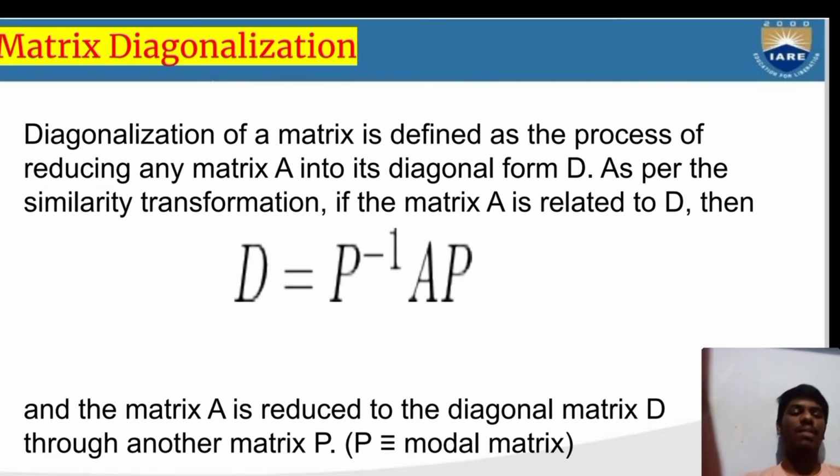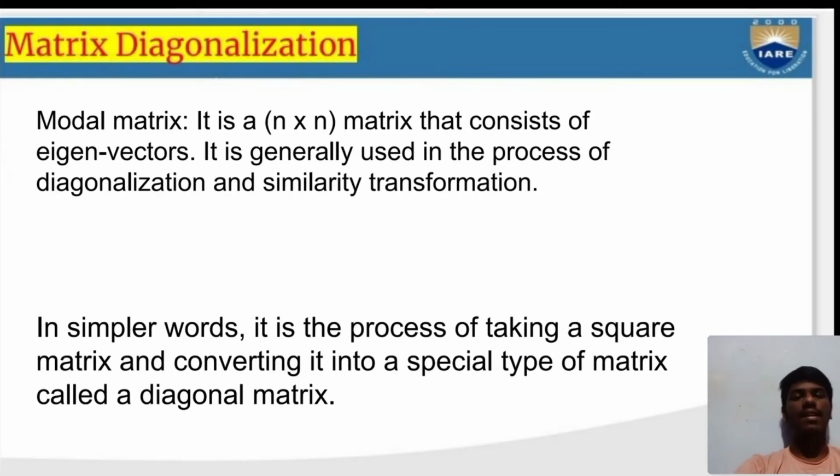The modal matrix is nothing but the arrangement of eigenvectors. In this slide we are going to discuss the modal matrix. What is a modal matrix? It is an n by n matrix, a matrix of order n, that consists of eigenvectors. The basic idea of the modal matrix is filling the eigenvectors column-wise into a square n by n matrix. It is generally used in the process of diagonalization and similarity transformation.